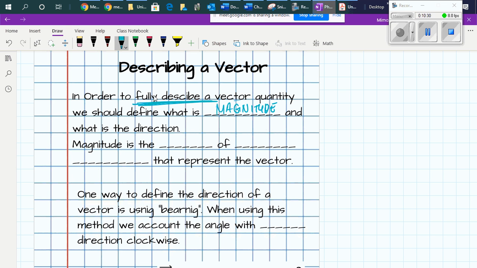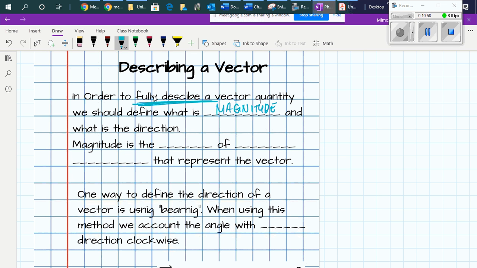And you always will hear me saying this vector A with magnitude 20 meters per second. Unless, as I said, we are doing something where the units don't really matter for that particular question, because we want to get to the basics of how to operate with vectors.